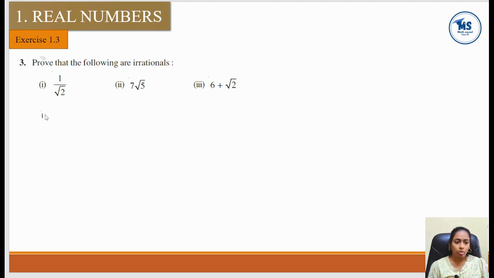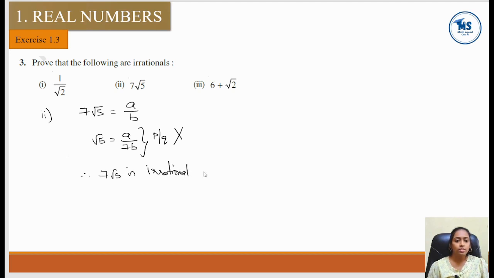Okay, second question. I'm not writing clear steps, we have done so many problems. I'm assuming 7 root 5 is rational, then I can write it as a by b. Then root 5 is equal to a by 7b, which is in the form of p by q, which means root 5 is rational, which is wrong. Therefore 7 root 5 is irrational.